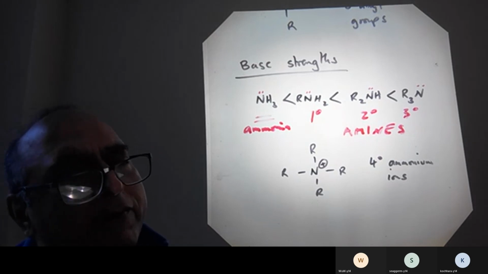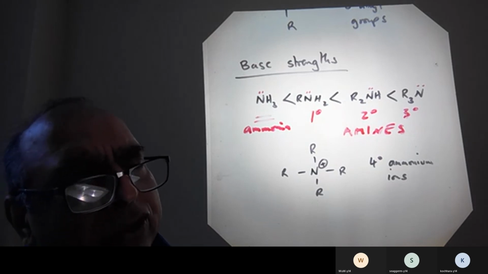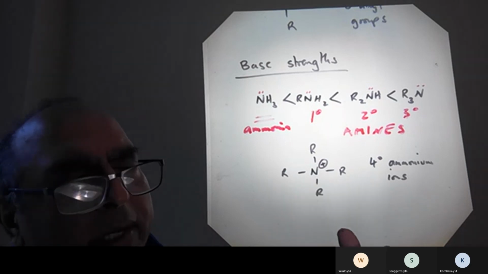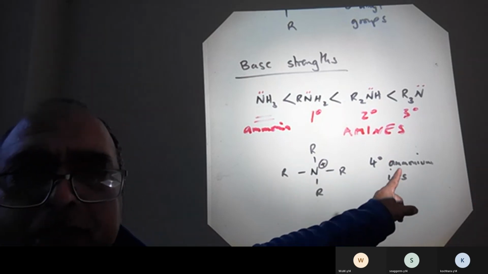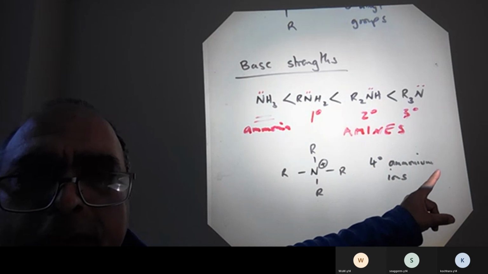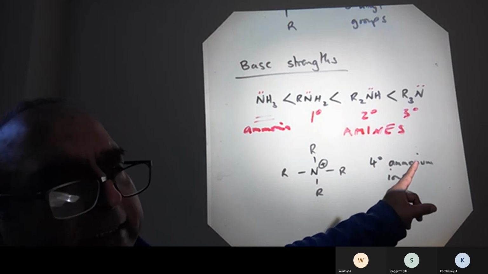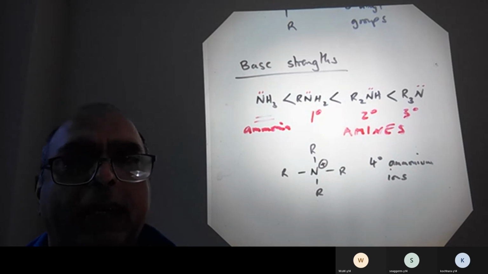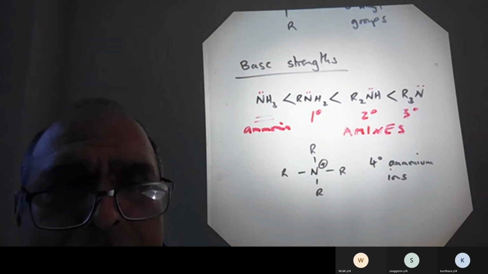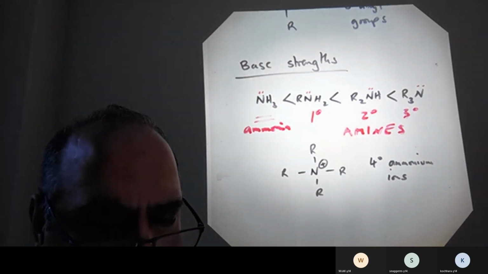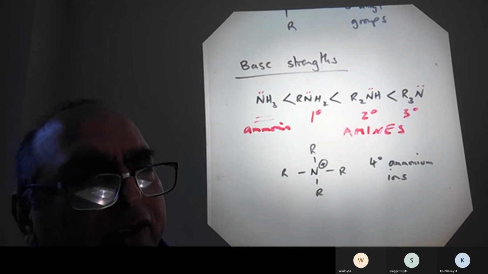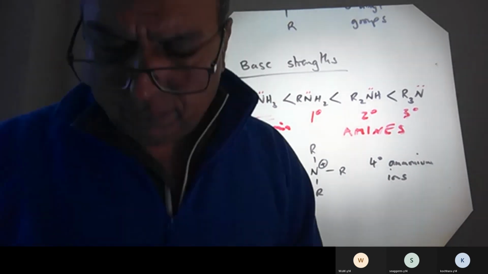So bear in mind that quaternary ammonium ions are not basic, that tertiary, secondary, primary, and ammonia have that pattern that's up there on my overhead projector. And then on top of that, if they ask you questions about base strength, how basic something is, then I want you to bear in mind that the size of the alkyl group matters.